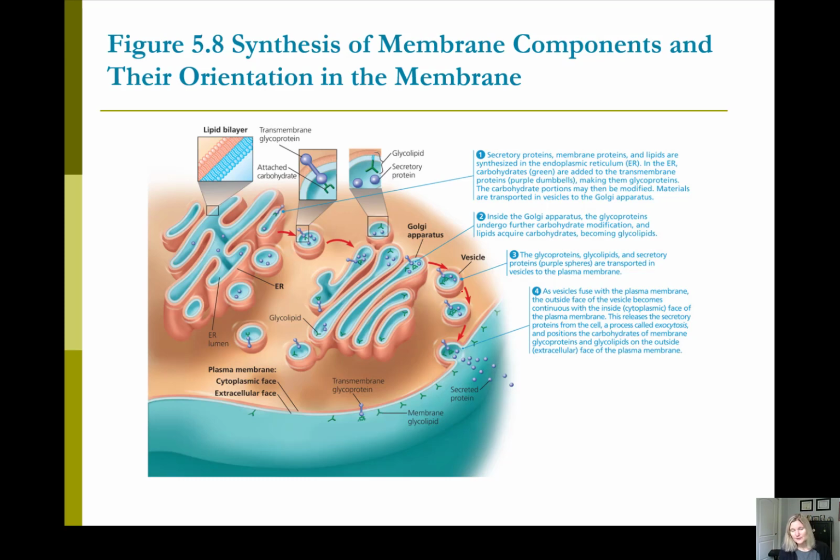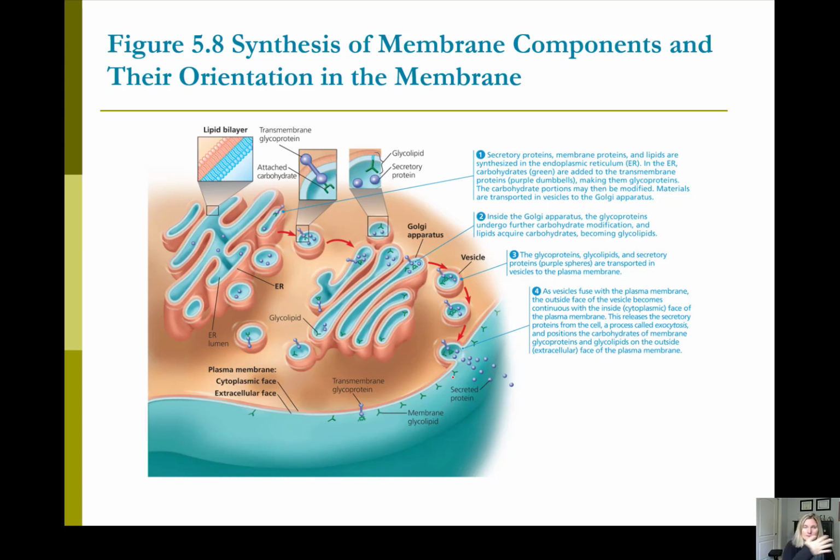And then that vesicle contains basically a phospholipid bilayer, right? So as it's moving towards the plasma membrane, it fuses with that plasma membrane. So as this vesicle is exporting things out of the cell, the plasma membrane is going to be growing a little bit, because it's adding in that phospholipid bilayer from the vesicle, okay?